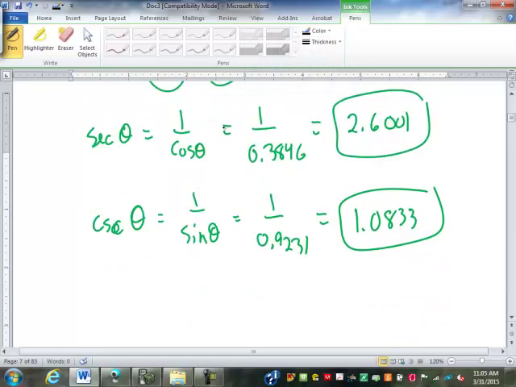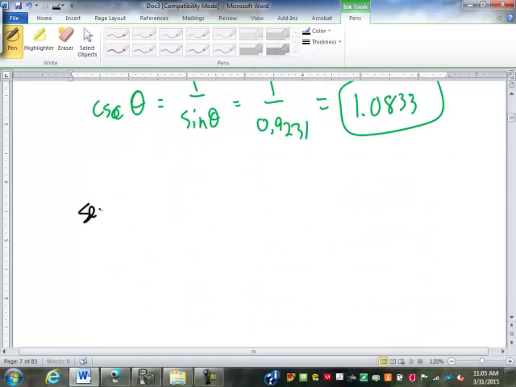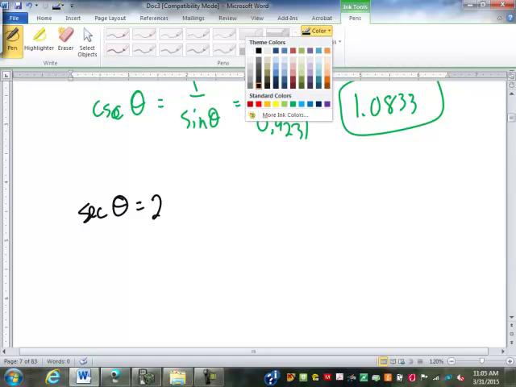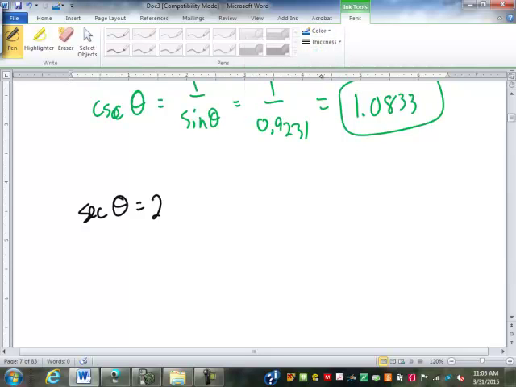So what if I give you this? What if I tell you that the secant of an angle equals 2? Can I find the other 5 trig functions? Yes. How? Well, the secant is related directly to which other trig function? Secant goes with cosine.